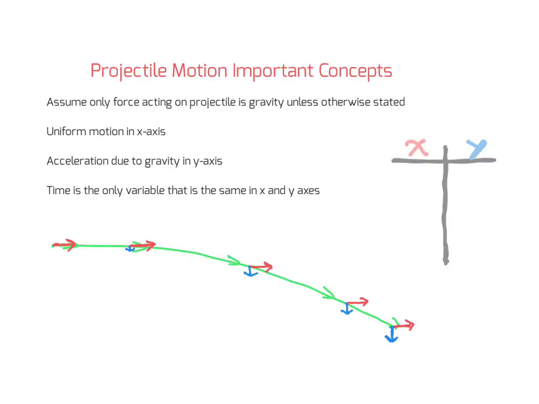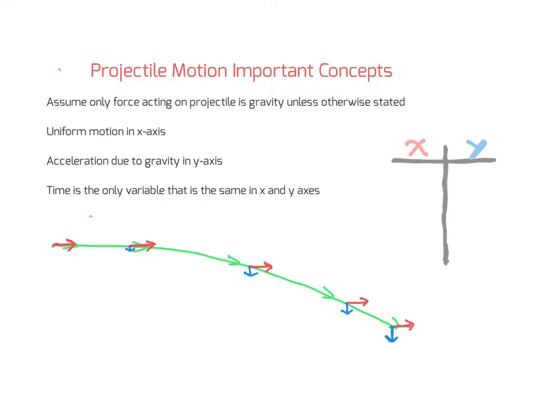Just to recap on a couple of things, we're going to talk about projectile motion and some of the important concepts, some of the things that we should know, hopefully, at this stage in our physics development. We should know that we assume the only force acting on a projectile is gravity unless otherwise stated.